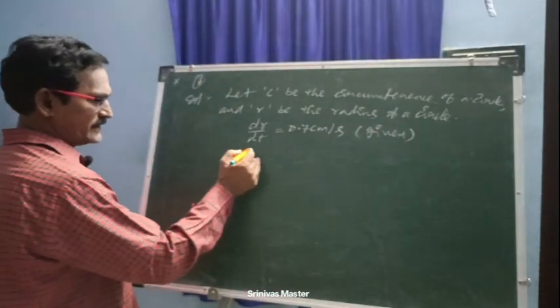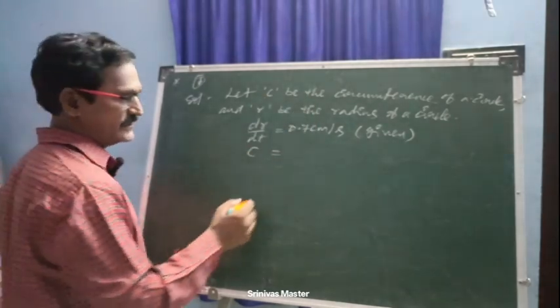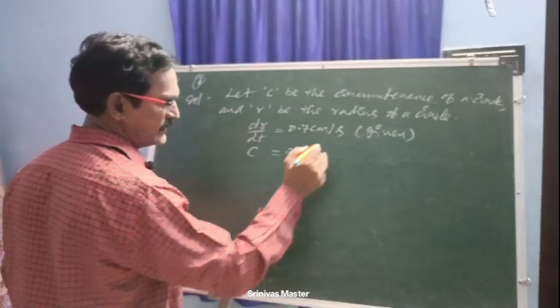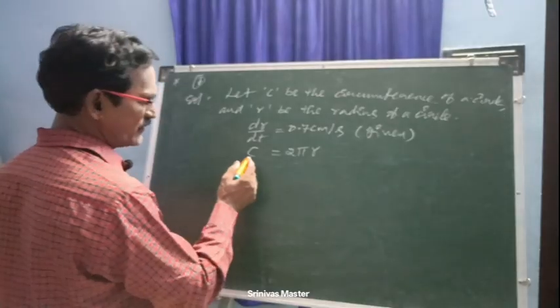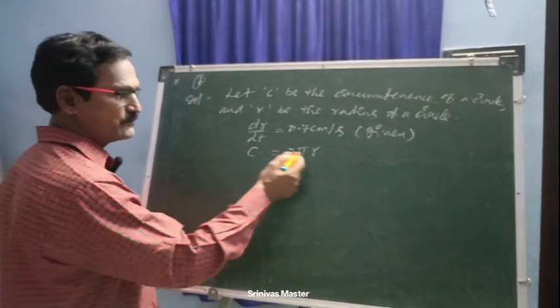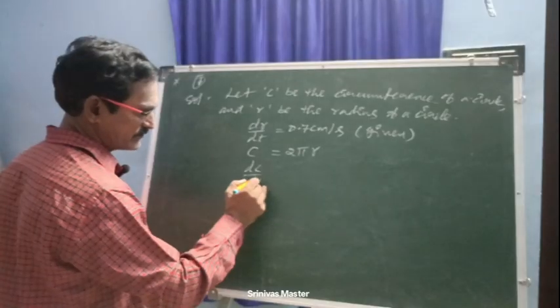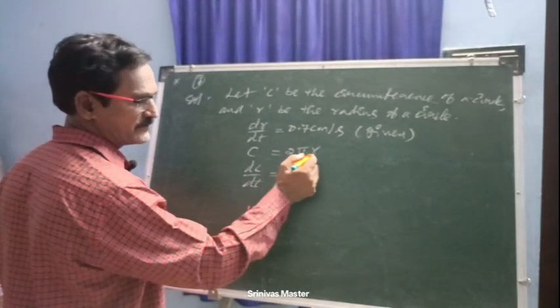Now we have to take the circumference of a circle. I gave you C as the circumference of a circle. You know that the circumference of a circle is 2 pi r. Now we have to find the derivative of C with respect to t on both sides. That means dC by dt equals 2 pi, the numerical coefficient, with respect to r.